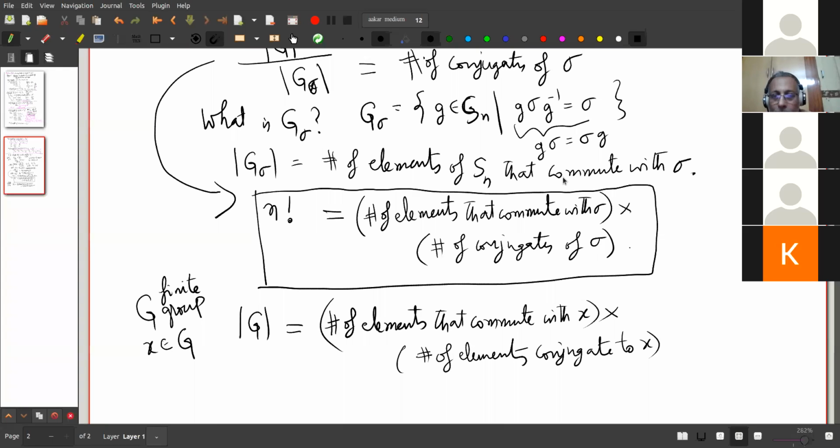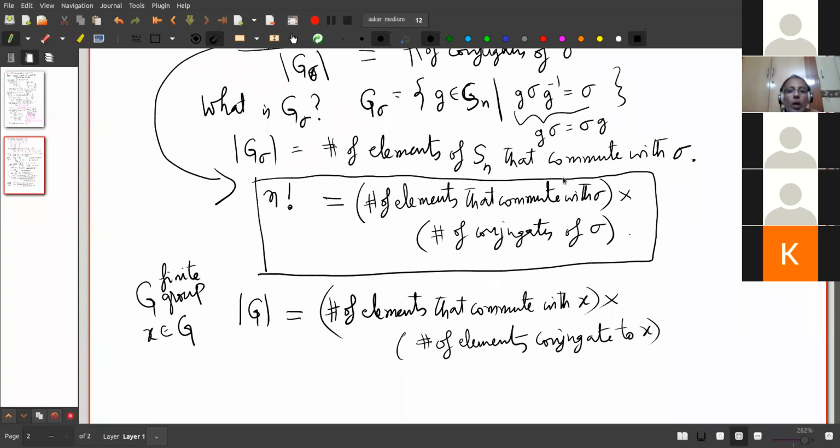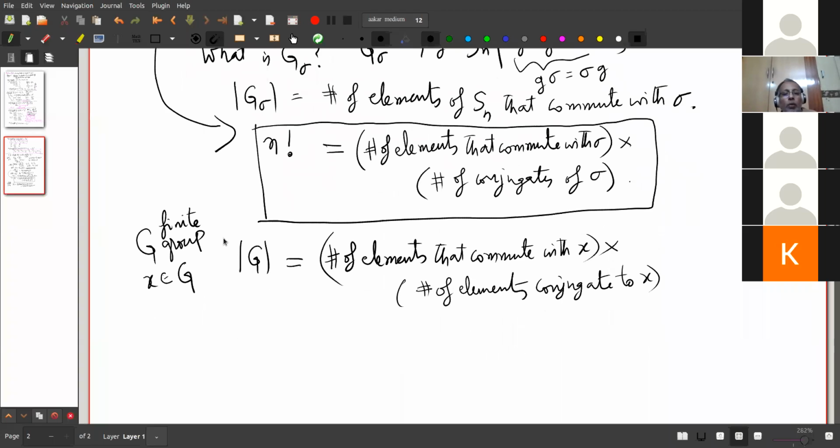Yes, sir. Okay. So the question is finding the number of elements that commute with sigma. We know that disjoint permutations commute. So suppose you take sigma as some cycle type. For example, you try to find what all commute with (1 2) in S_n.